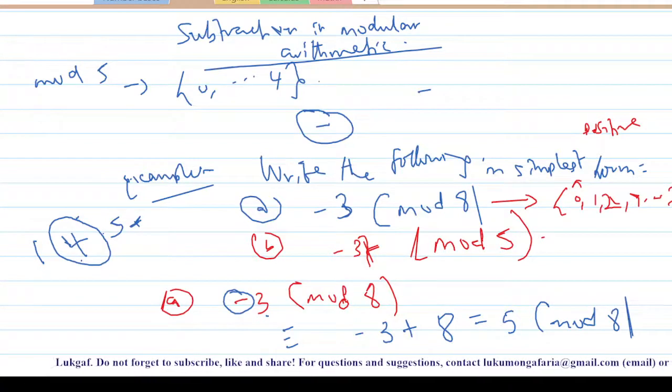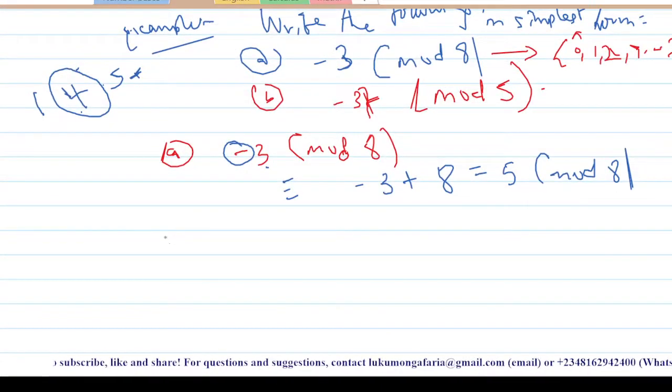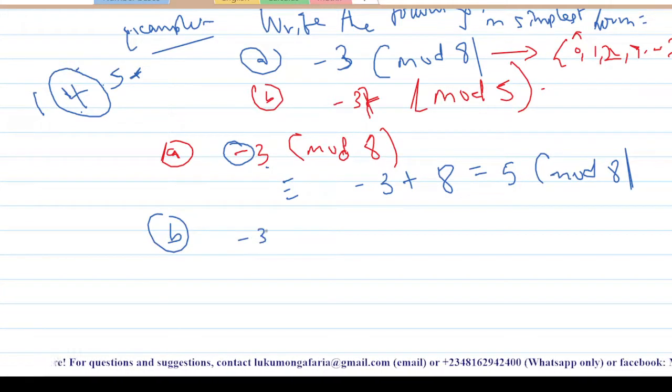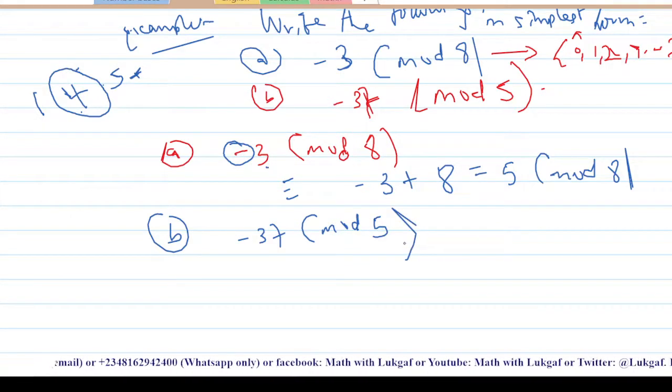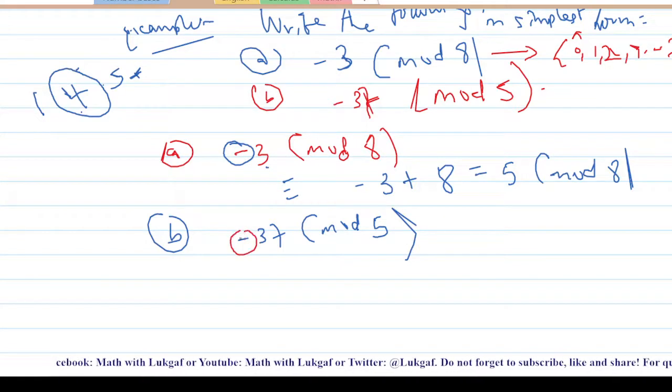Let me do the second example for you. The second example is minus 37 mod 5. Don't forget what I told you. First of all, get rid of the negative from your mind. Then you have 37. You now think of a multiple of 5, since we are operating in mod 5, that is very close to this 37. We can say 35 and 40, right?